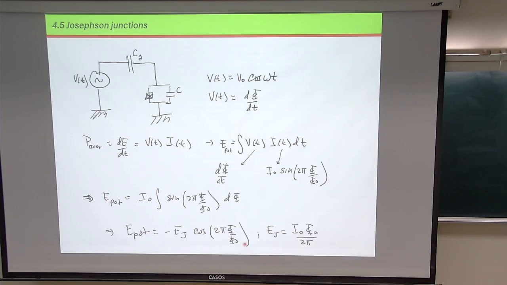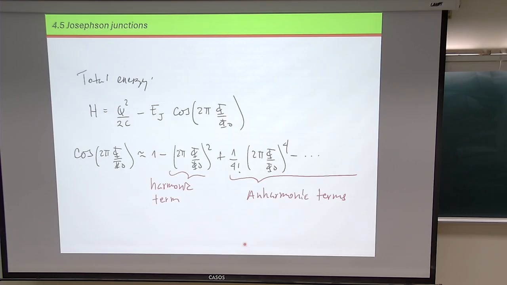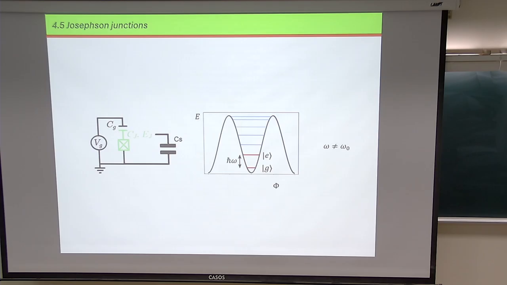Now you expand this cosine in series, and you get the phi squared term, but then you also get higher orders, the fourth order and so on, so it breaks this quadratic behavior, and the levels start to separate a little bit. This gives the potential for the harmonic oscillator, quadratic in phi, but with the square and all the other higher terms, you will get something like that.